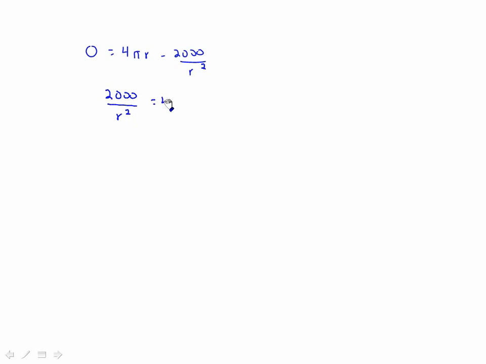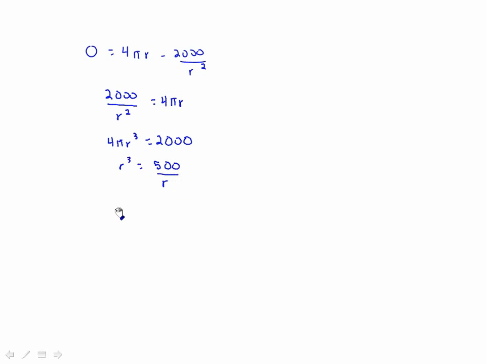That's equal to 4 pi r. Now when you multiply this out, you get 4 pi r cubed is equal to 2000. So isolating the r cubed, we'll get 2000 divided by 4, which is 500, and then over top of pi.